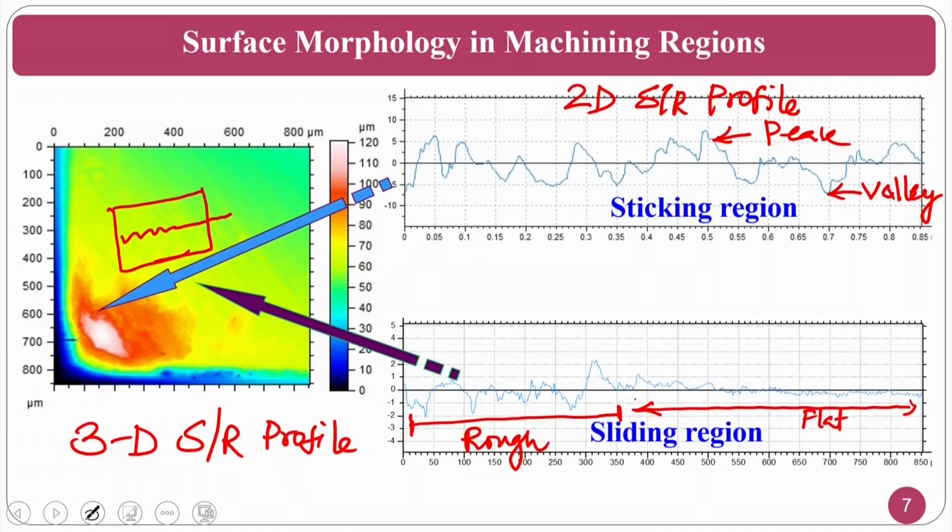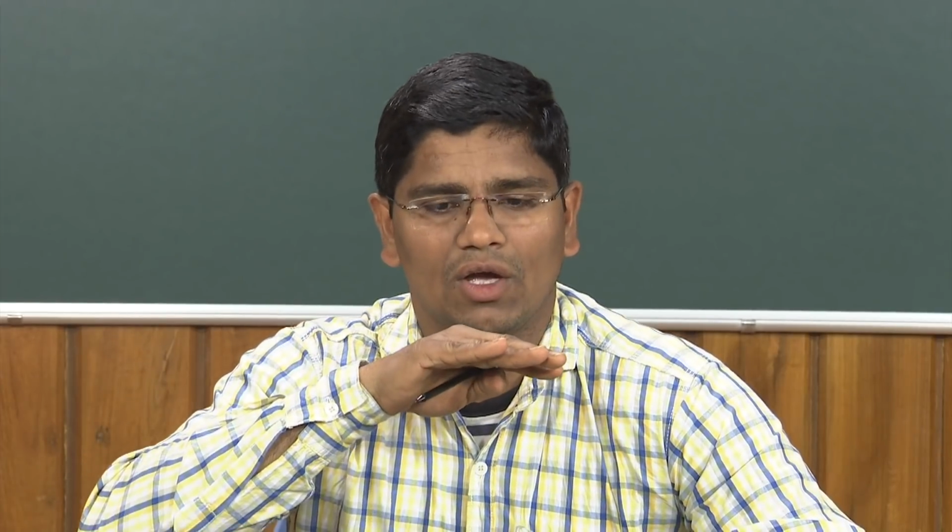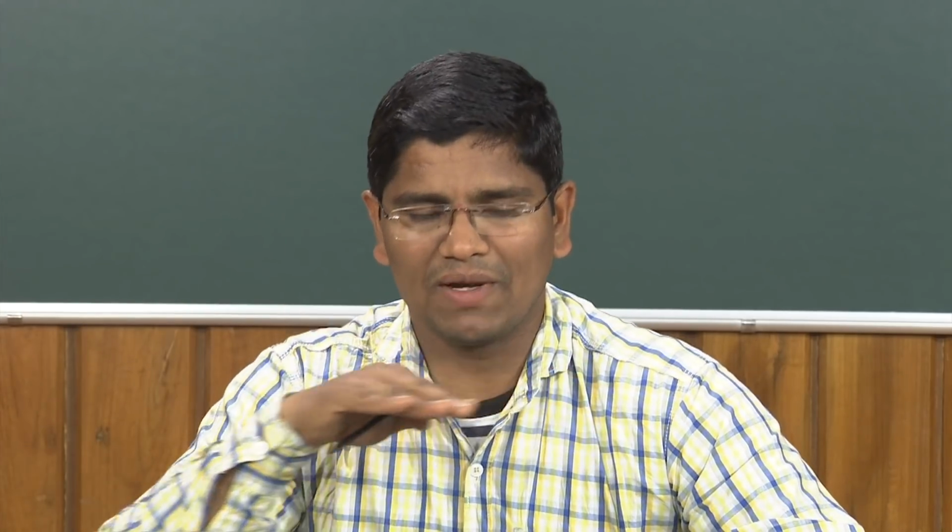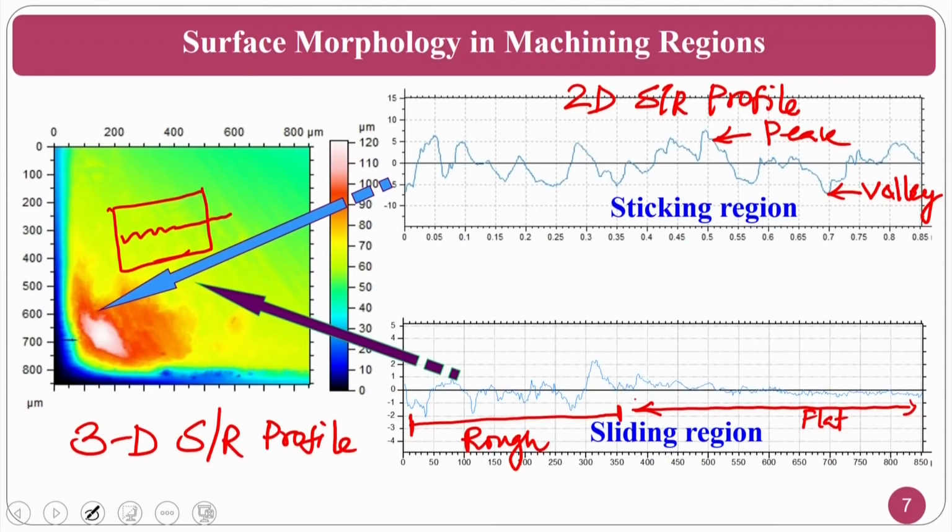The surface roughness in the sticking region is much higher compared to the sliding region. From the start of the sliding region to the end of the sliding region, you will have a very rough to flattening surface, and then onwards you can see a completely flat surface because there is no interaction between tool and chip. That's about the surface roughness in the tool-chip interface.